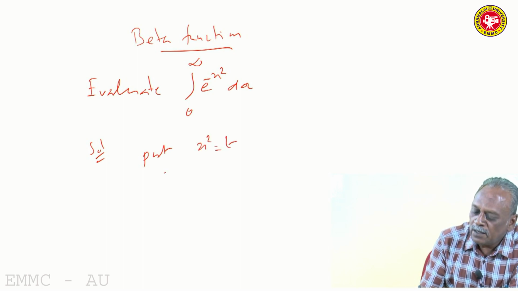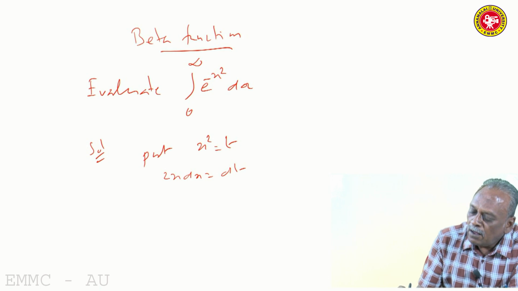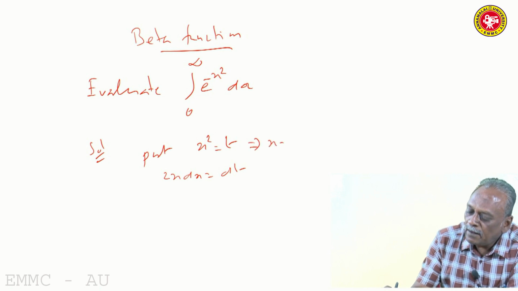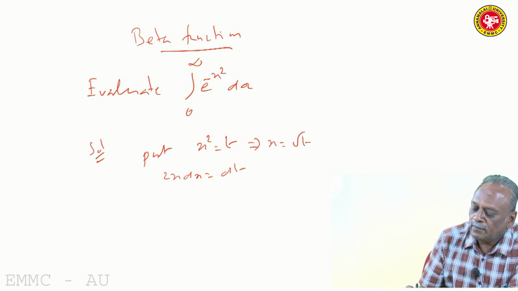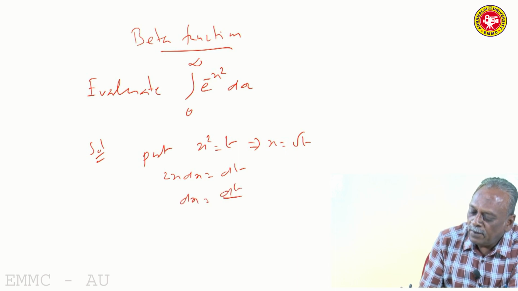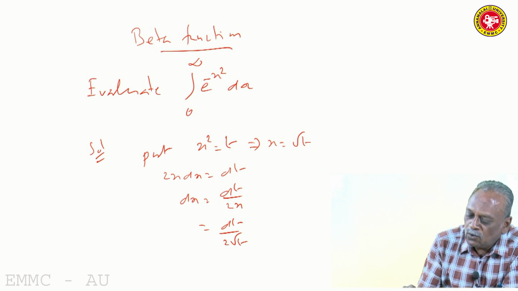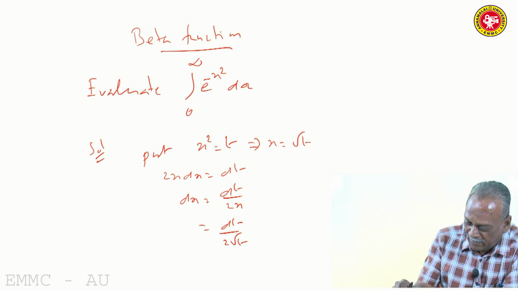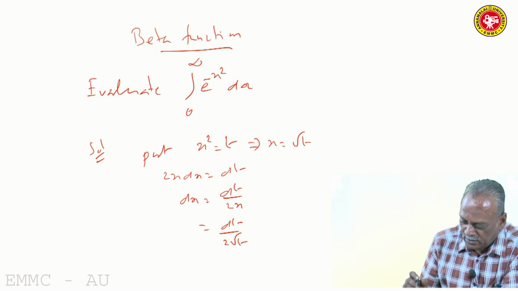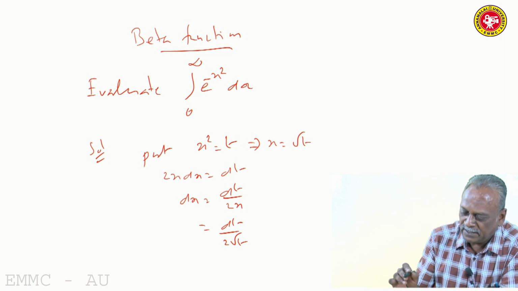So 2x dx equal to dt, which implies x equal to root t. So dx equal to dt by 2x, that is dt by 2 root t. When x equal to 0, t also 0. When x equal to infinity, t also infinity. So there is no change in limit.